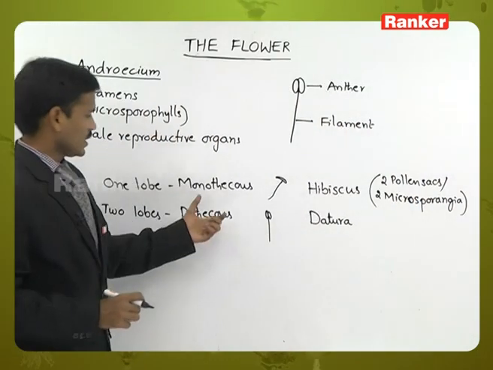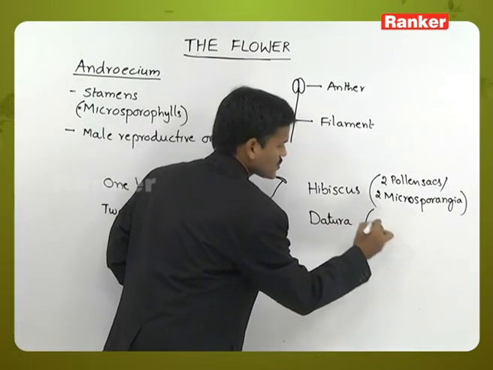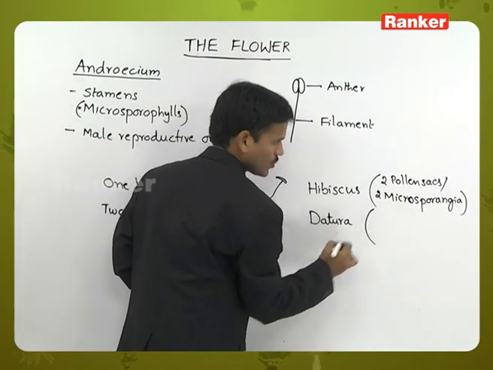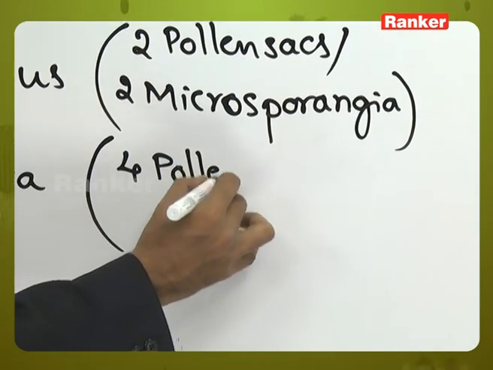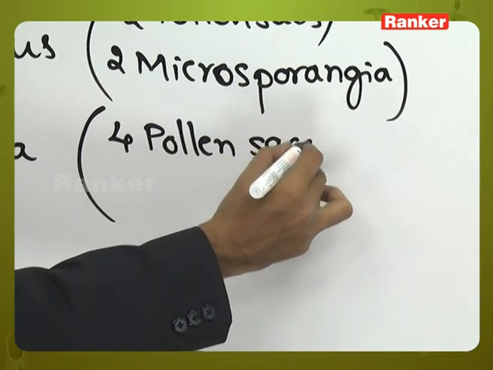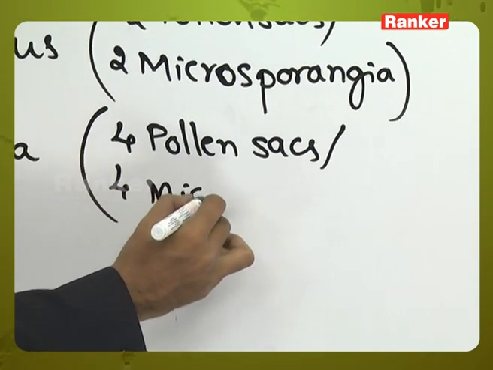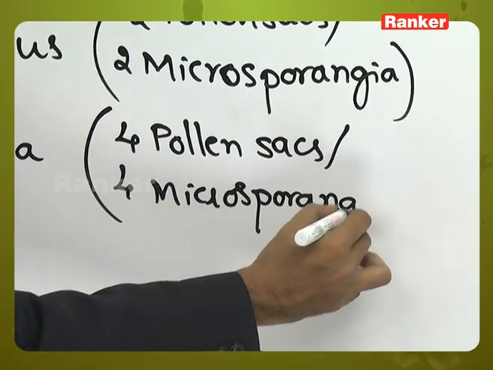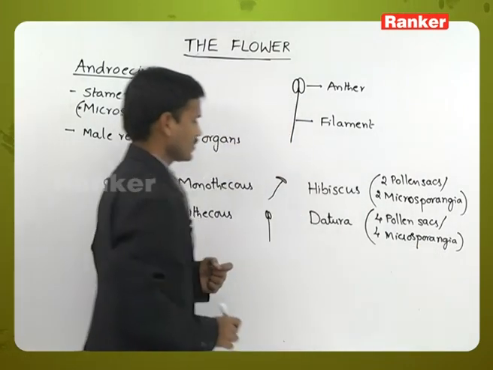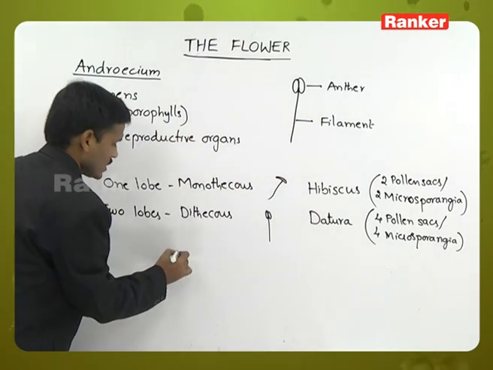In Datura, a dithecous anther shows two lobes, and in each lobe two pollen sacs. So, in total there are 4 pollen sacs or 4 microsporangia.